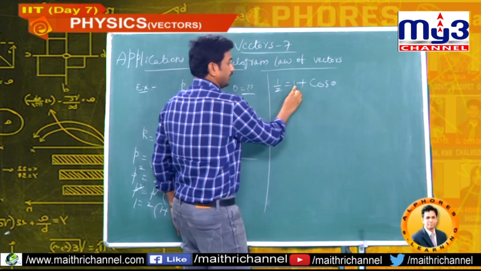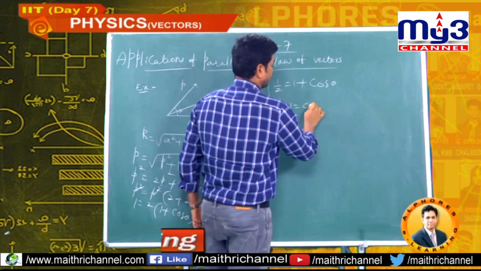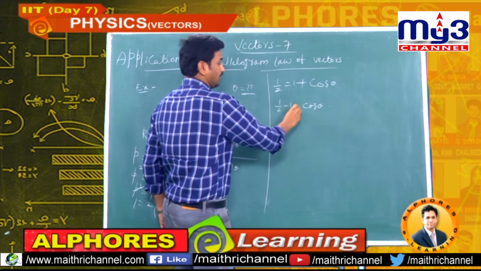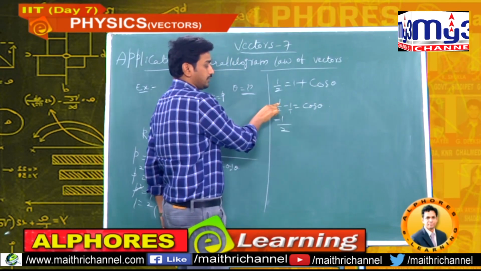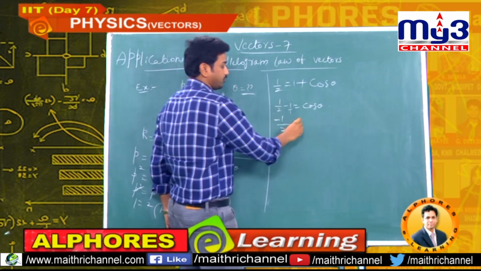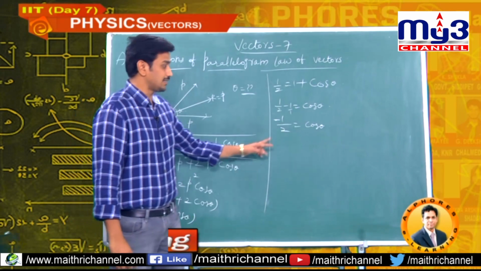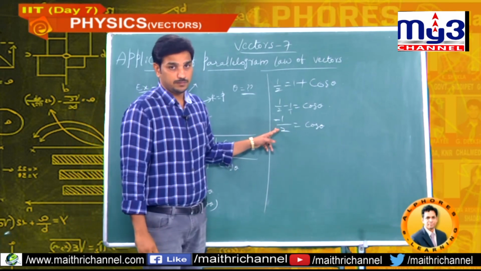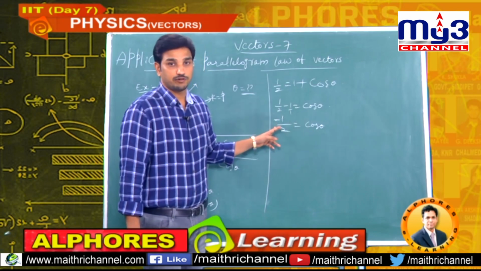Bringing the 1 to this side, 1 by 2 minus 1 is equal to cos theta. It is minus half, LCM 2, so minus 1 by 2 is cos theta. Now you should remember the cos theta value minus 1 by 2: theta is 120.